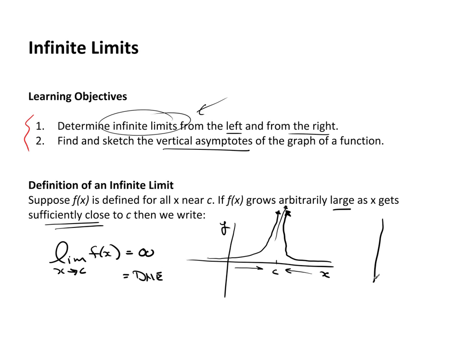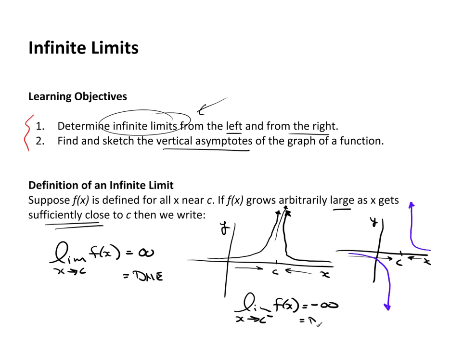So if I approach some value of c from the left, and as I approach from the left, if my function, I'll draw the function in blue, goes like this, see now it's shooting down to negative infinity, and then as I approach from the right, let's say that it goes like this, now I have a situation where the limit as x approaches c from the left of f of x equals negative infinity, which means it also does not exist.